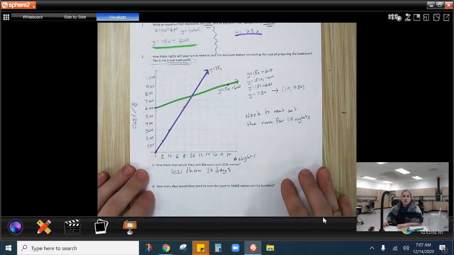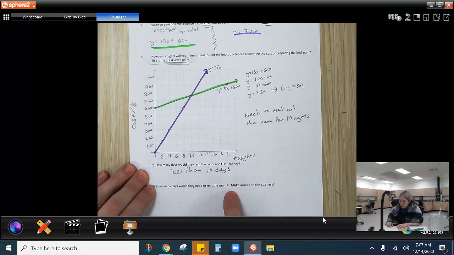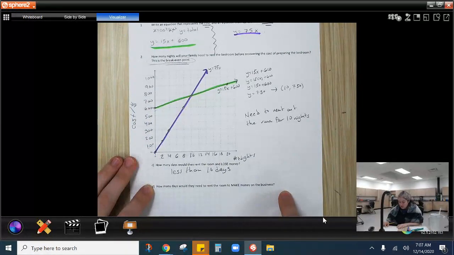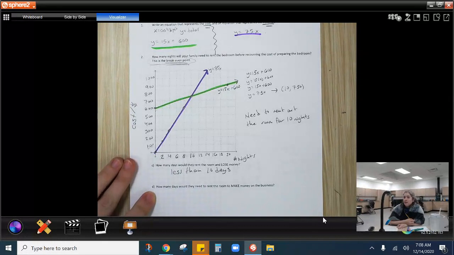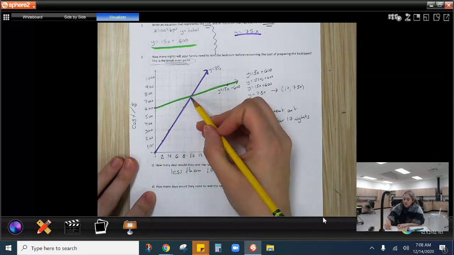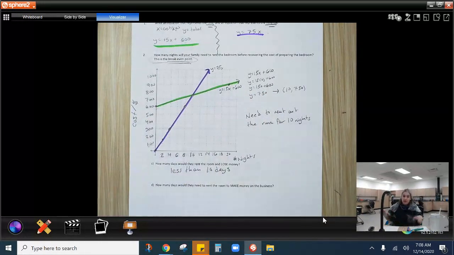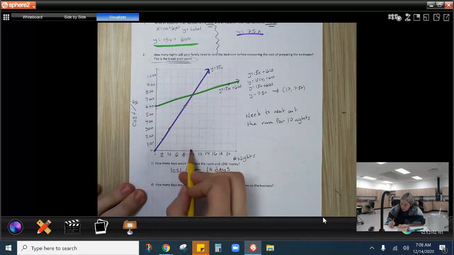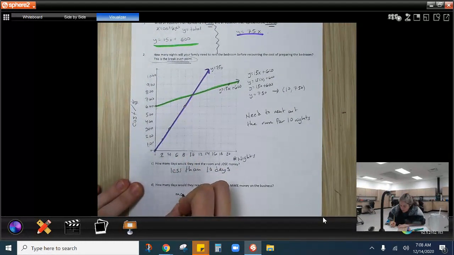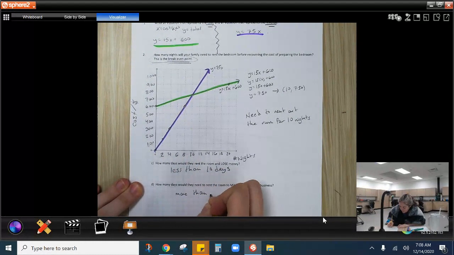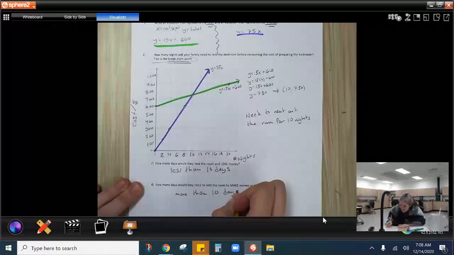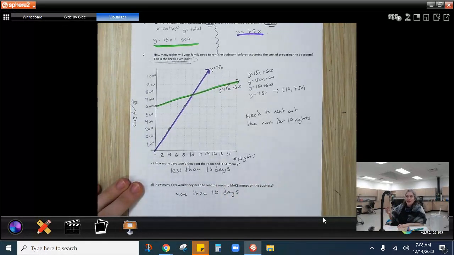So then the last question says, well, how many days would they need to rent the room to make money on the business, right? They don't make money at 10 days. That's when it's even. That's when the money they spent and the money they've earned are the same. To make money, they need to rent it for more than 10 days. And since you can't rent a room in small increments, right?